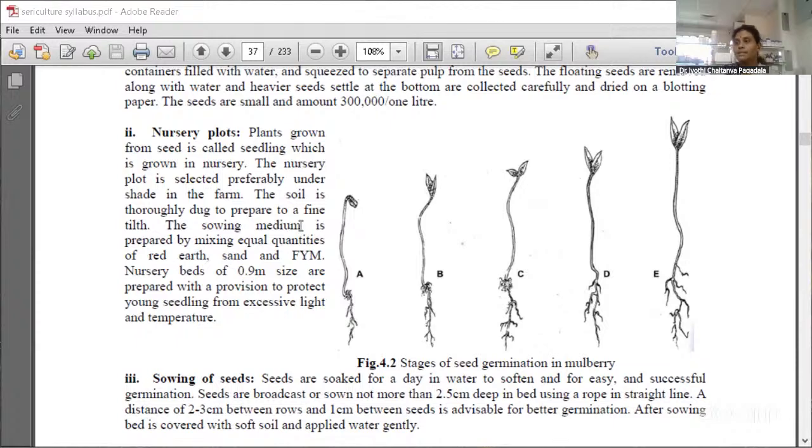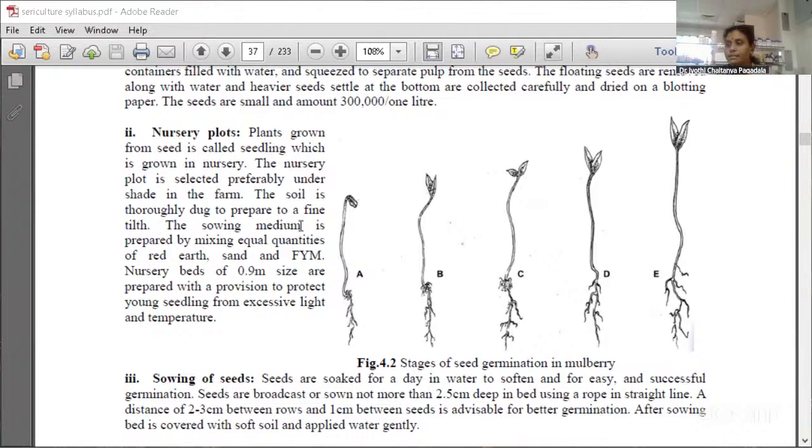During cool hours of the day, on cloudy days, direct sunlight is allowed to fall on seedlings to enhance plant growth. After 3 months of age, seedlings are transplanted with a distance of 22 centimeters between the plants. These can be either used for grafting as stock plants, or allowed to grow for 2 years to raise tree plantation.